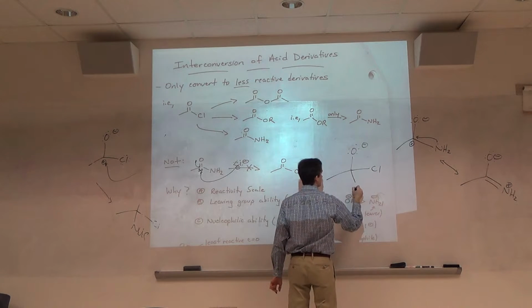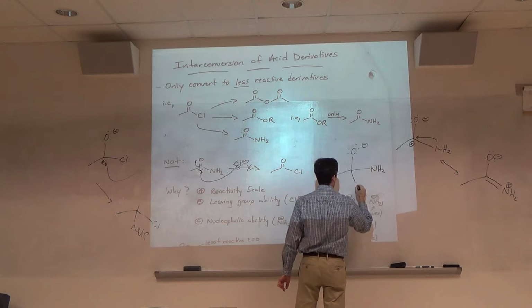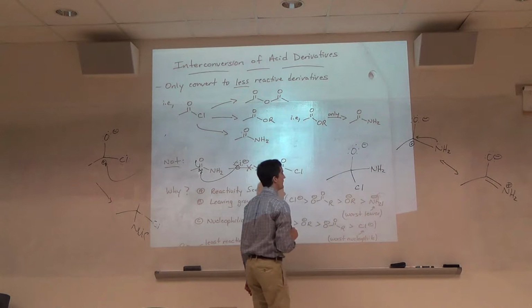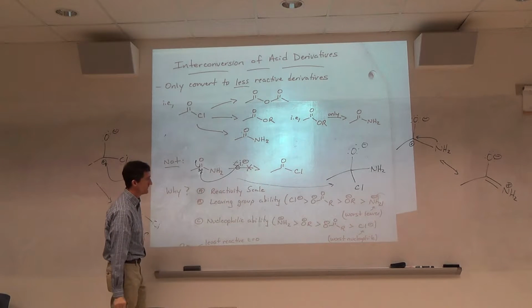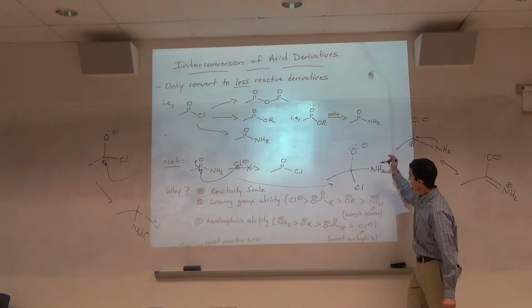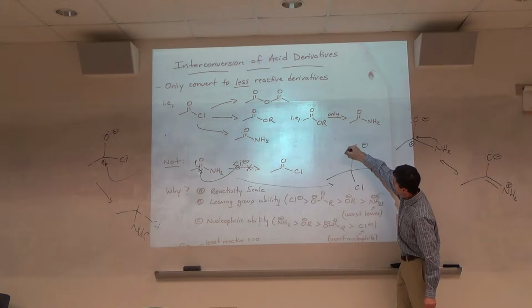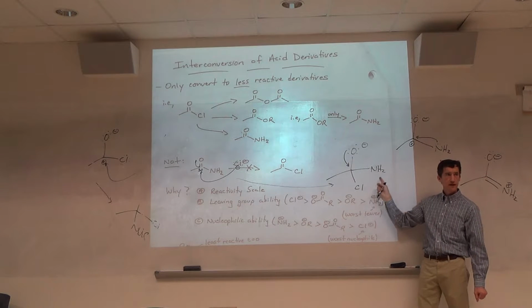Well, I'll keep the end here. Even if we could get it to do that, and get our tetrahedral intermediate, and we say we're going to reform the carbonyl, which one are we going to kick off? Nitrogen or chlorine?